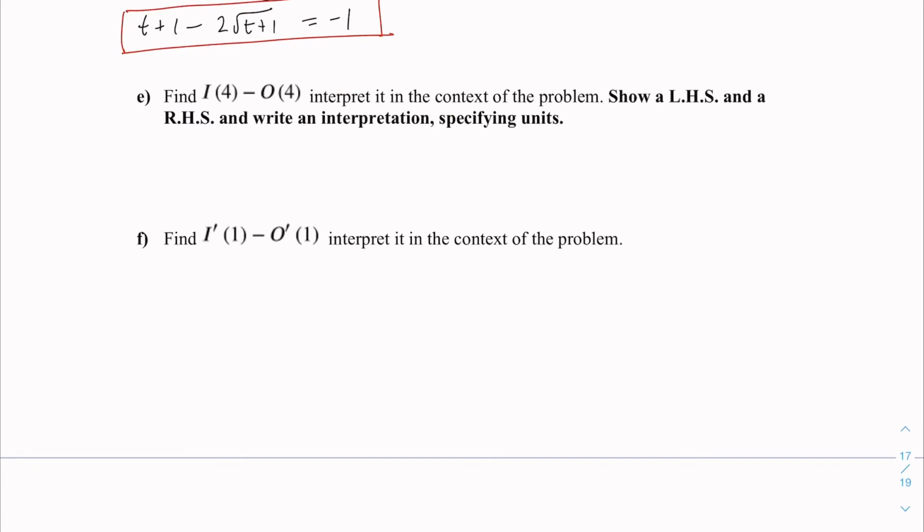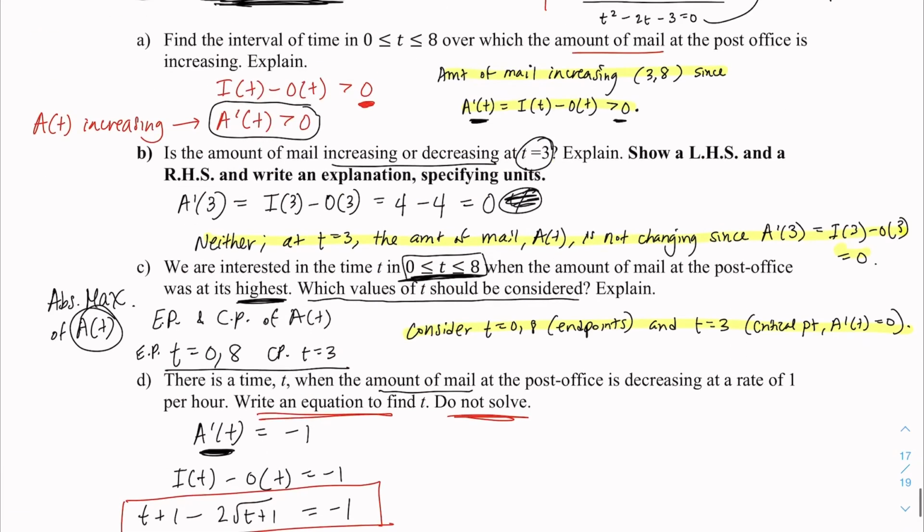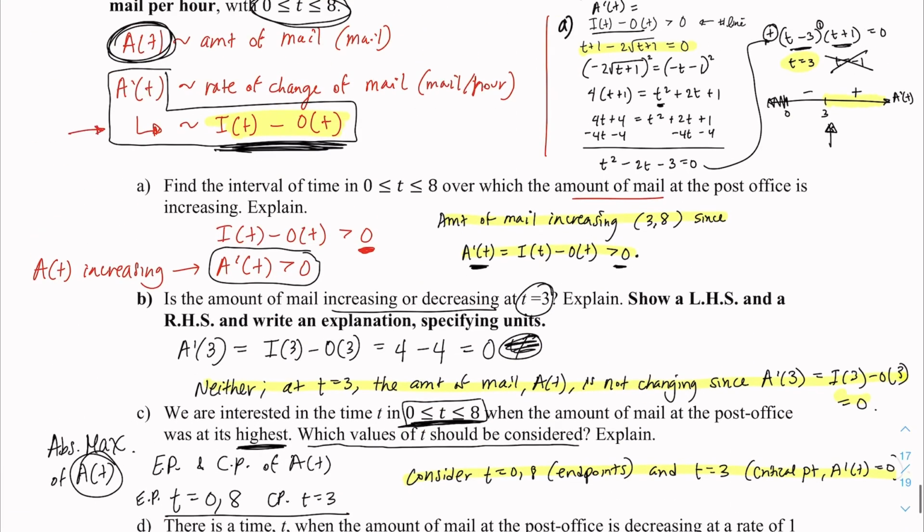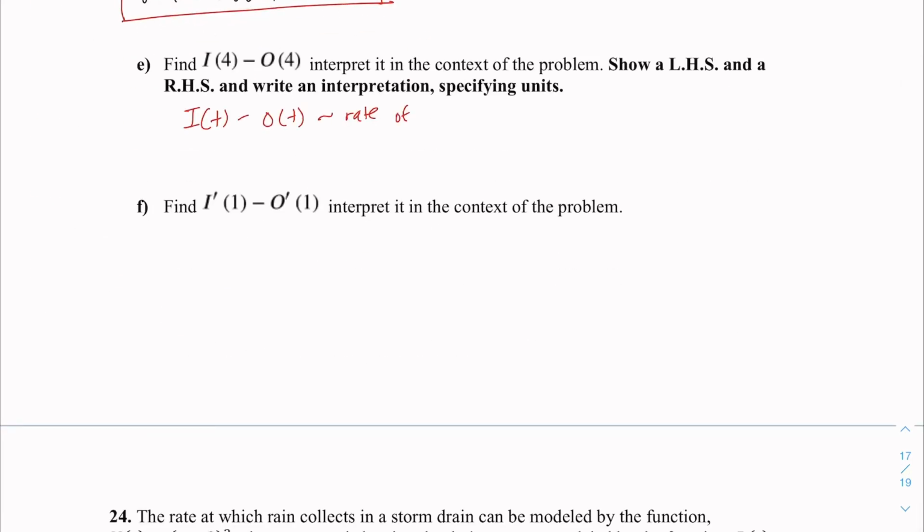It says, find I of 4 minus O of 4 and interpret in the context of the problem. Okay, if you have set up your initial question, then this is very easy. I of t minus O of t, the interpretation is right here. It's the rate of change of the amount of mail.